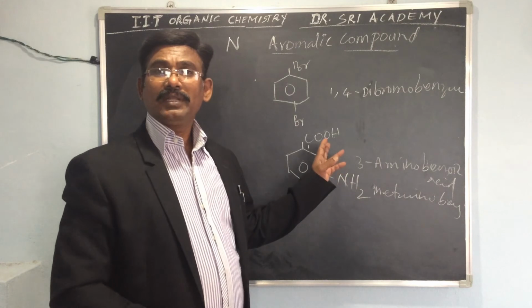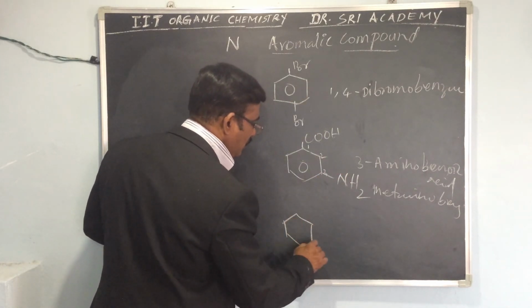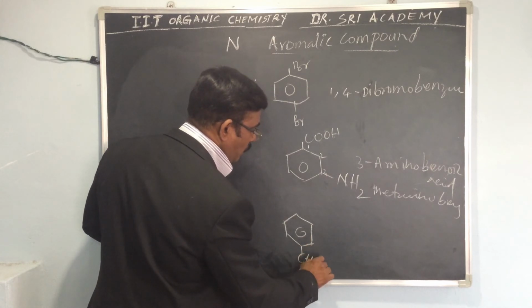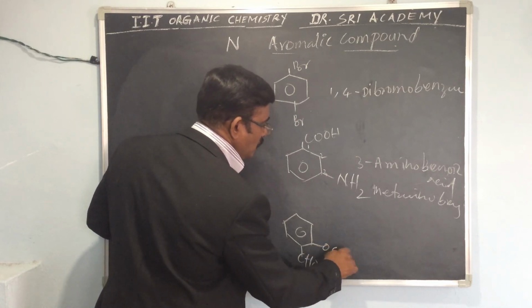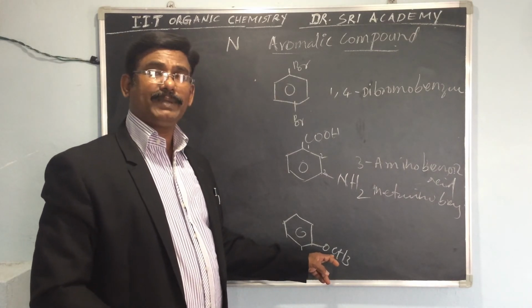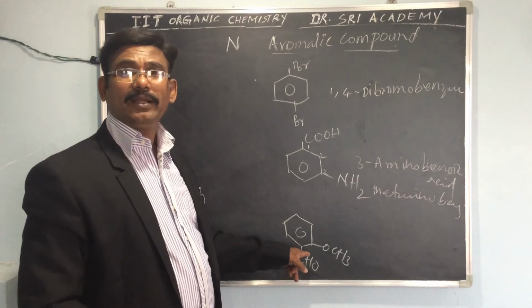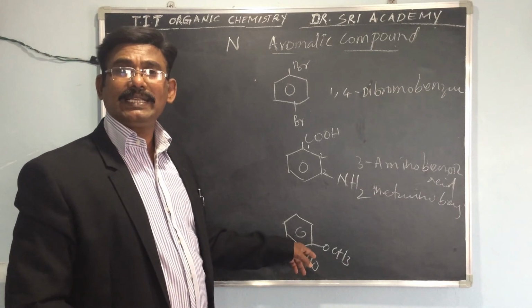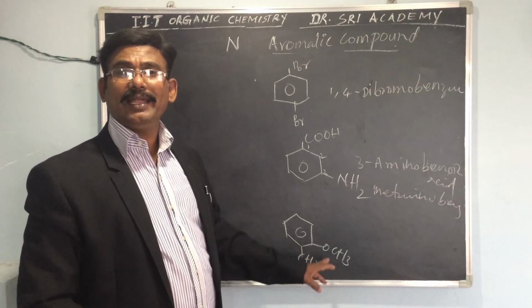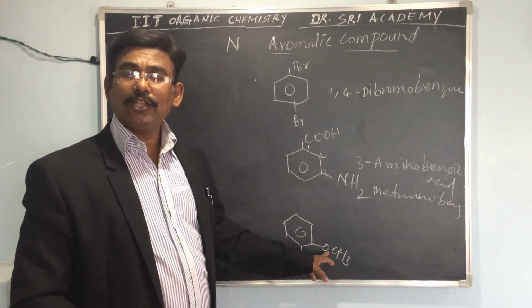We can write like this also. Another example: if this one is an aldehyde CHO and OCH3, which one has the first priority? CHO, definitely, because the carbon will come, meaning aldehyde, benzaldehyde. We can say simply benzaldehyde containing a methoxy group at the 2 position.